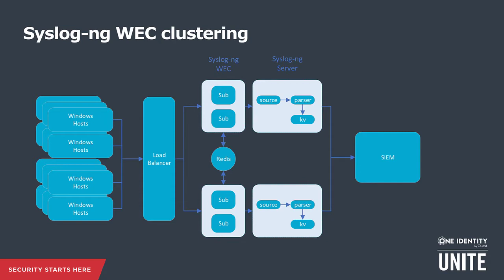It supports high availability clustering, so that we can allow an arbitrary number of WEC instances to record bookmarks to a single location. So this way the state information is shared and updated by all nodes, and it's guaranteed to be in sync. So if one node goes down, the others are still running and updating the state file. And when that node comes back up, it checks the state file, which is current and accurate, and it's able to pick up at that correct record.